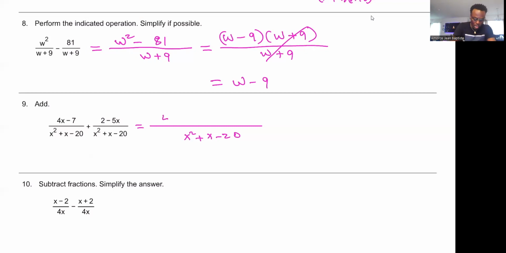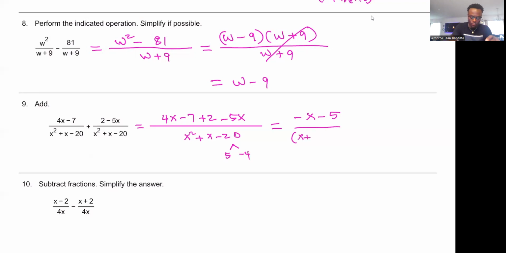So that's 4x minus 7 plus 2 minus 5x, and then simplify the top and factor the denominator. So that's negative x minus 5 over the factored form here, two numbers that multiply to negative 20 and add to plus 1, the coefficient of x, are 5 and negative 4.